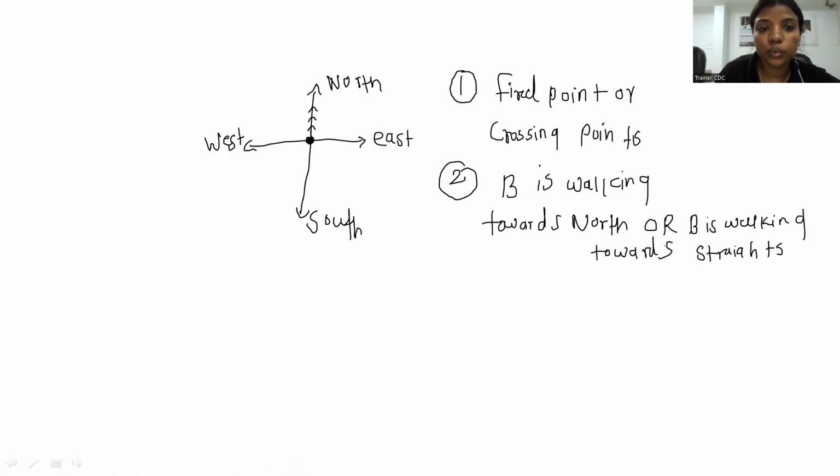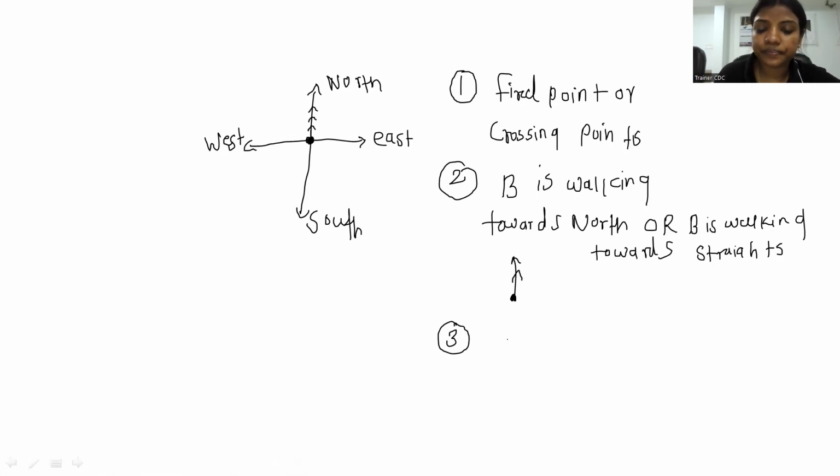Now B is walking towards north and B is walking towards straight is nothing but B is walking towards north. That's it. For example, B at this point is standing, and from this point, he is walking towards straight. What does it mean? He is walking towards straight means he is walking towards north.